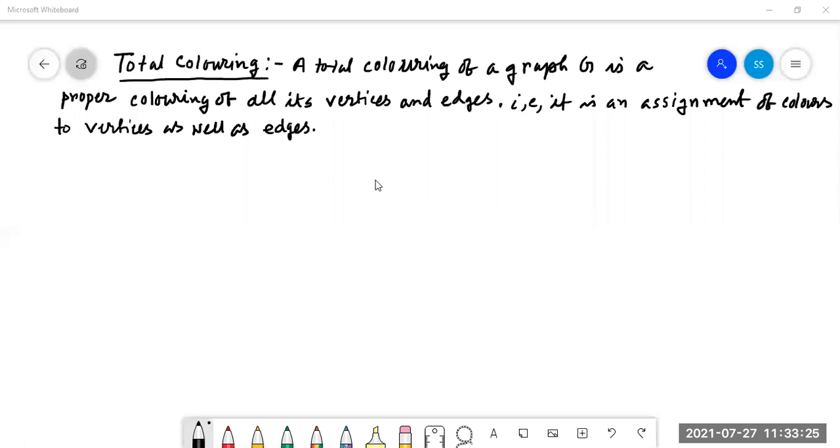So we start graph coloring. A total coloring of a graph G is a proper coloring of all its vertices and edges. That is, it is an assignment of colors to vertices as well as edges.